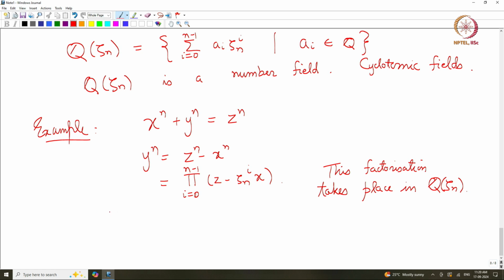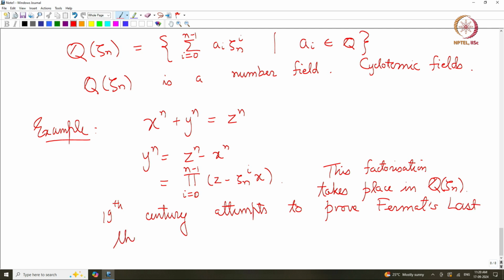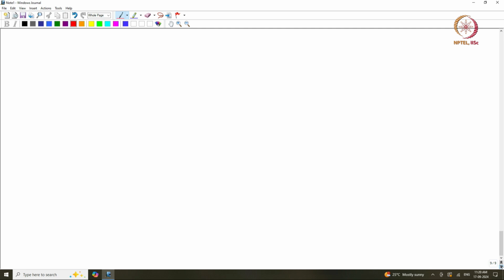Okay. So, let me write down what I said. 19th century attempts to prove Fermat's last theorem tried to use this factorization, and somehow the person who went the furthest is Kummer.